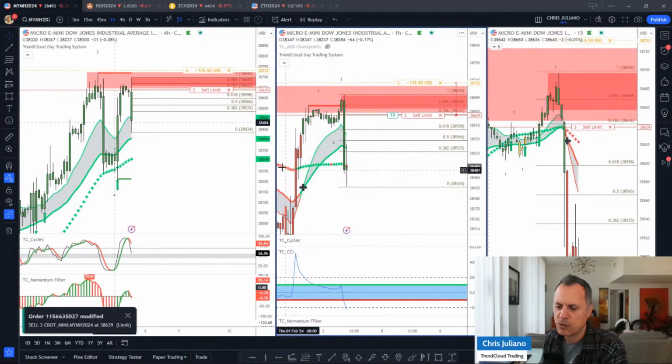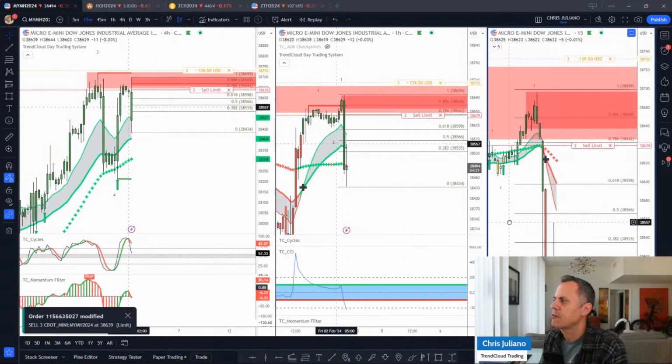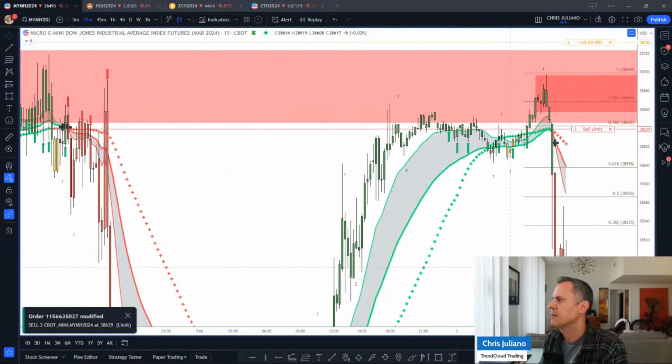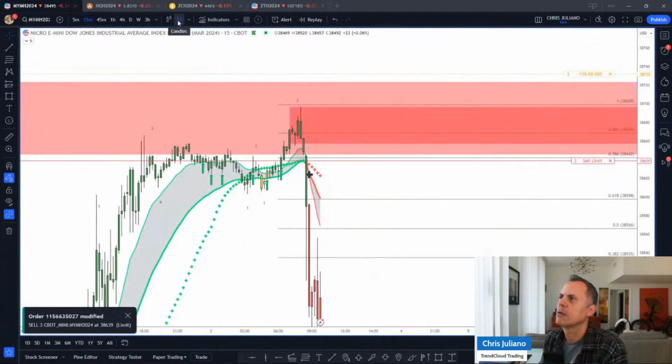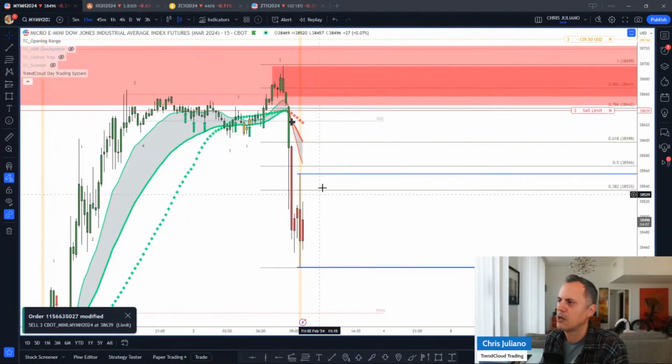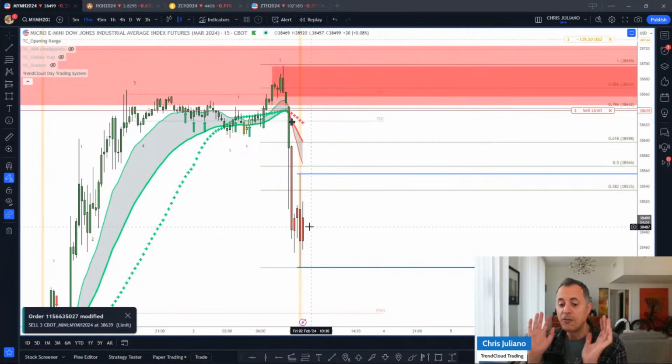Didn't you do an opening range? Oh, yes. So on the opening range, with all this downward momentum, high time frame cycling down, and middle time frame momentum down, crossing through that trend cloud to the downside, everything's lining up to the downside.